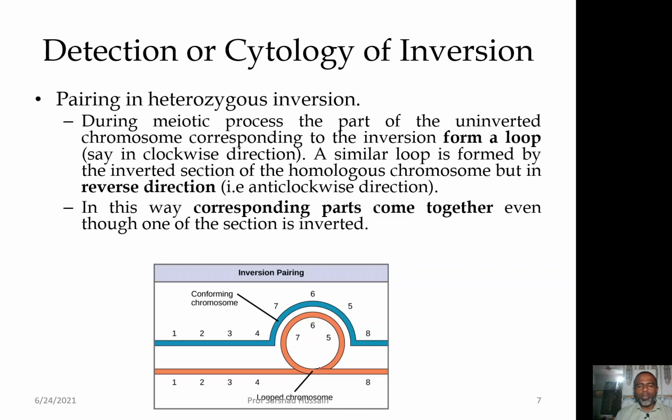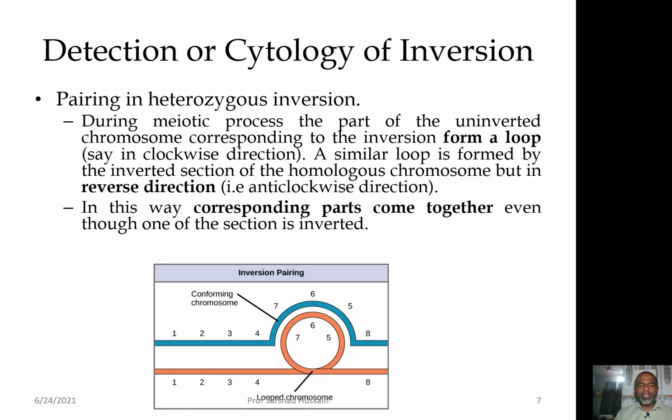So, it will form a loop again to come close to the corresponding part of the inverted chromosome. So, 6 will become close to 6 and 7 corresponding to 7, and then it will go back to match with the 8. So, it means the normal chromosome will also form a loop.